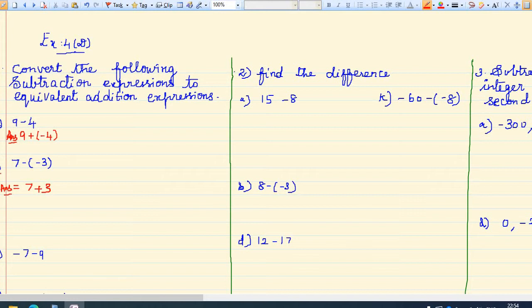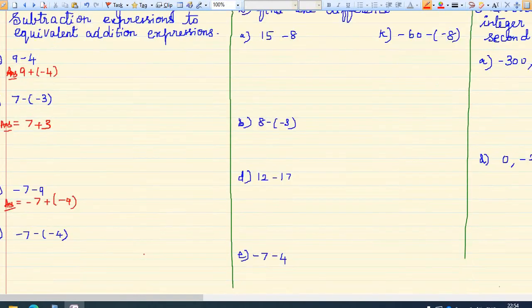Minus 7 plus into minus of minus 9. Can you clear this? This minus 9 I am going to write as what? Plus into minus. So like this only I am going to express the subtraction as addition.